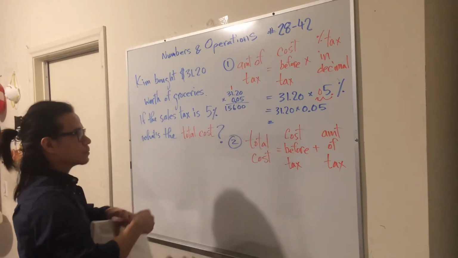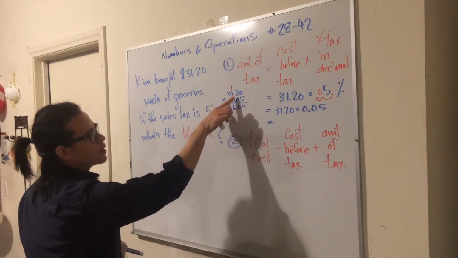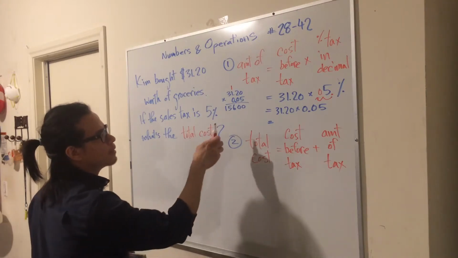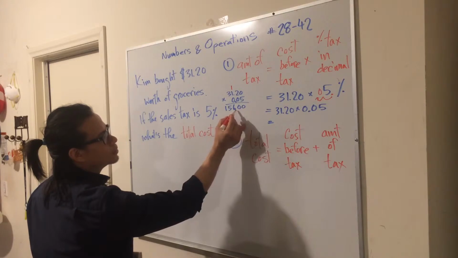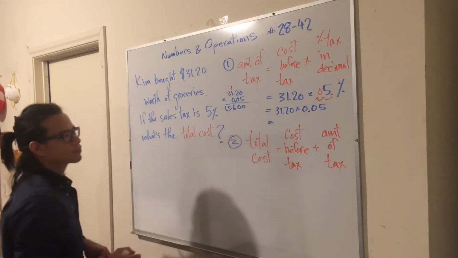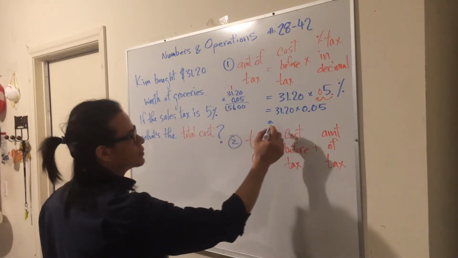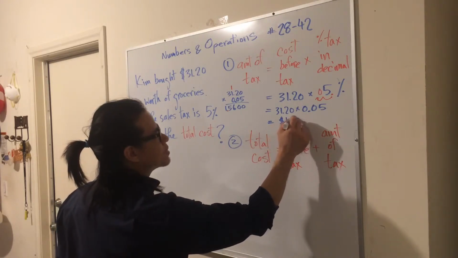Okay, so there are 2 digits after the decimal there, 2 digits after the decimal there, so altogether 4 digits after the decimal. So in our answer, we're going to have 1, 2, 3, 4 digits after the decimal. The tax that Kim needs to pay for her groceries is $1.56.